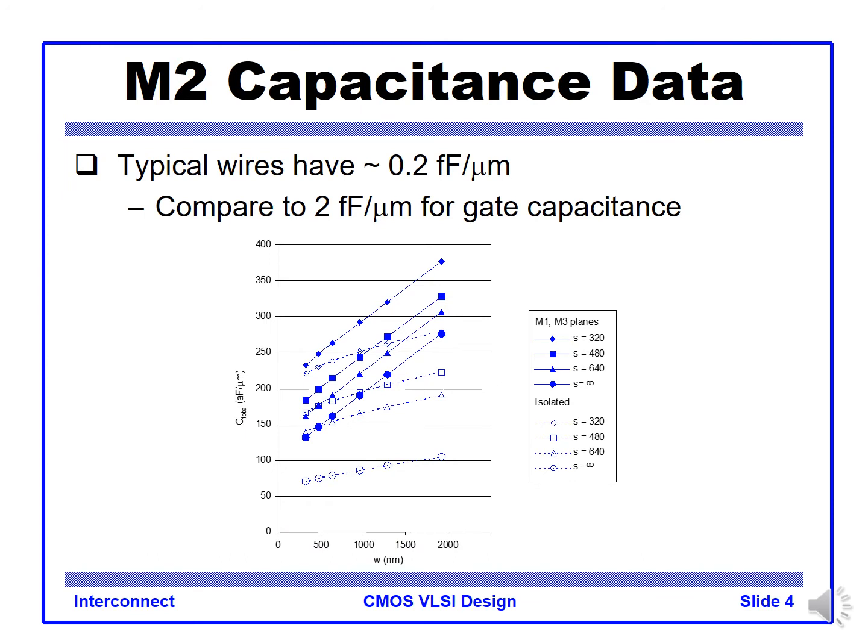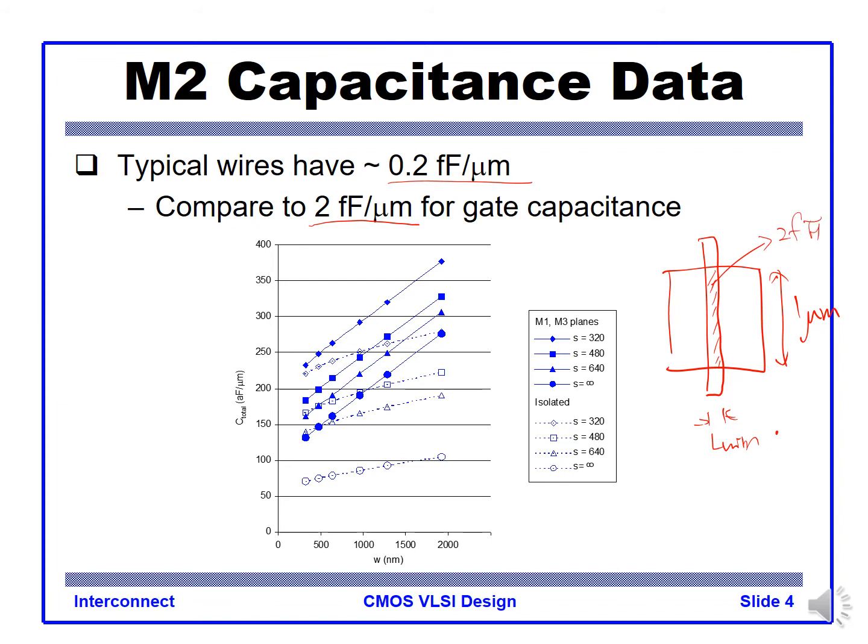Typical wires have 0.2 femtofarad per micron, compared to 2 femtofarad per micron for gate capacitance. For example, a 1 micron device has 2 femtofarad of gate capacitance for the minimum channel length L. Typically we place the contact and draw the metal, and for the same length of metal, for example 1 micron, that gives us 0.2 femtofarad.